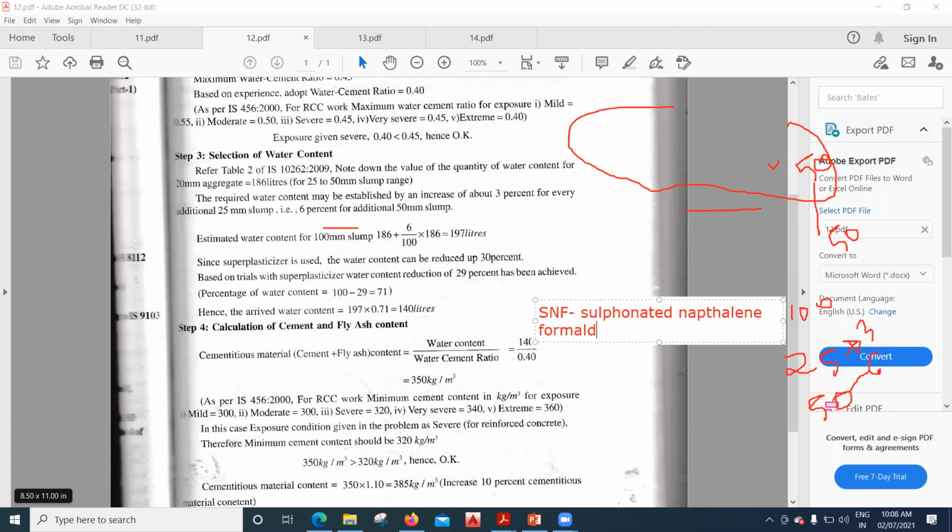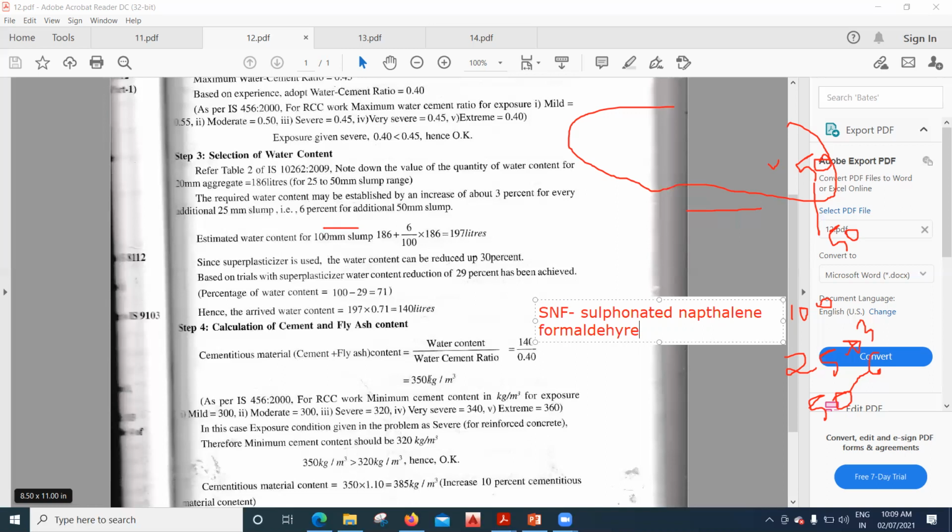This is the super plasticizer we are going to use. It has been found that up to 29% of water can be reduced here. Again, as I mentioned, it depends on which company you're bringing the super plasticizer from, right? So it all depends on the company, but here we'll take it as SNF, and let us say there is a 29% decrease in the water.